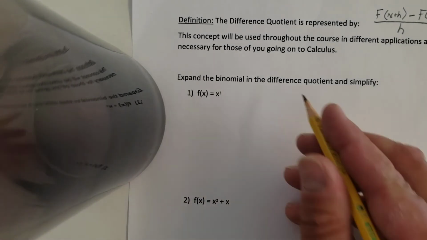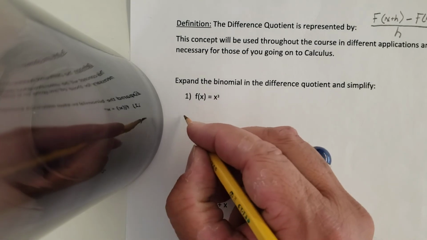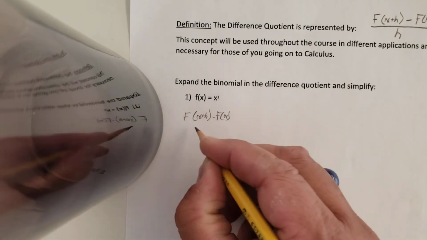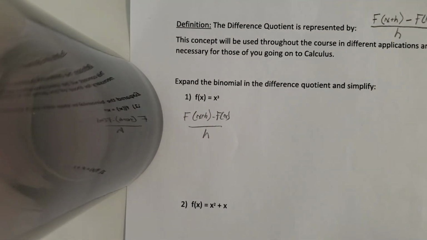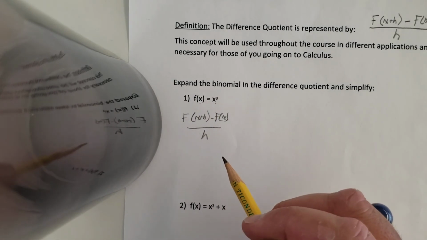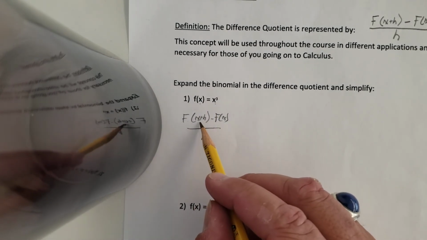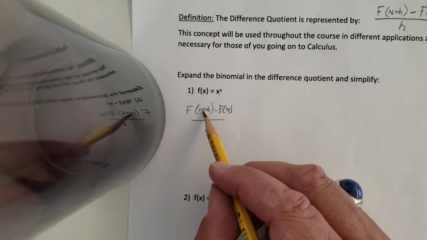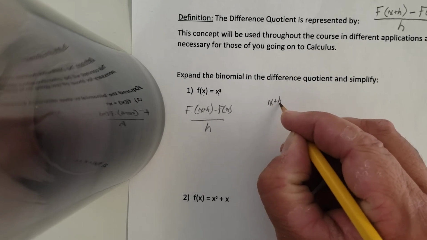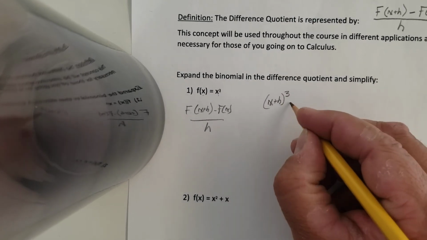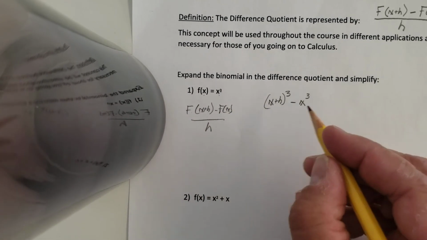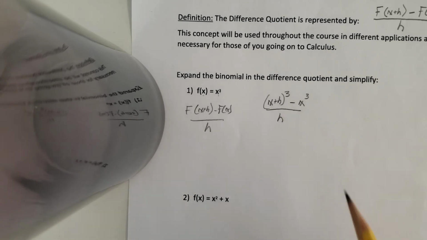Okay? So we know the difference quotient, f of x plus h minus f of x over h. Now, how do we apply that? Well, here's my function. F of x is x to the third. So f of x plus h, we know from our function work, we're putting x plus h in for x. So it's going to be x plus h to the third minus x to the third, which again, we're putting x in for x now, all of that over h.